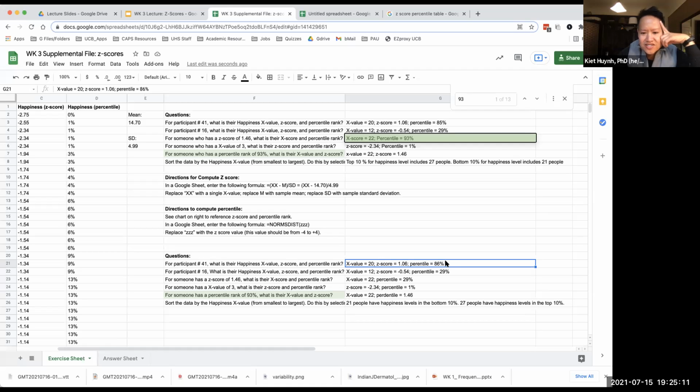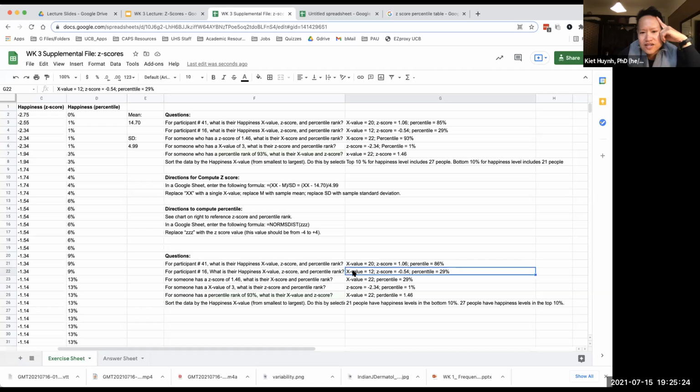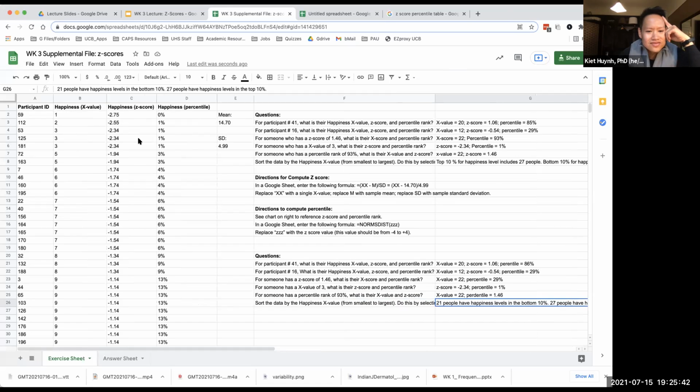That's probably just rounding error, it's fine. But you see here the X value and the Z score match. Right here, X value is 12, Z score of negative 0.54, percentile 29%, matches. Everything else here matches. So we did good.